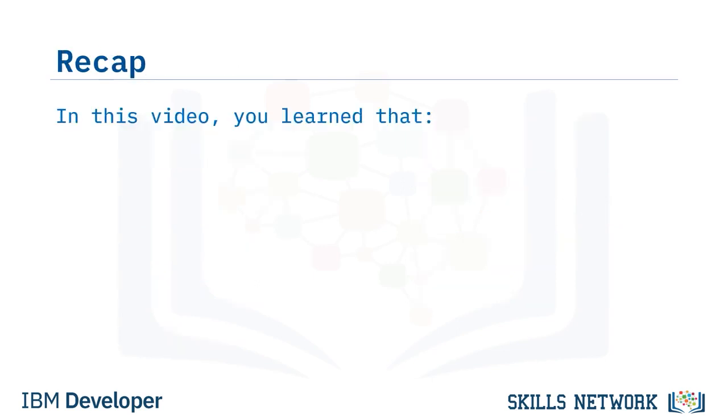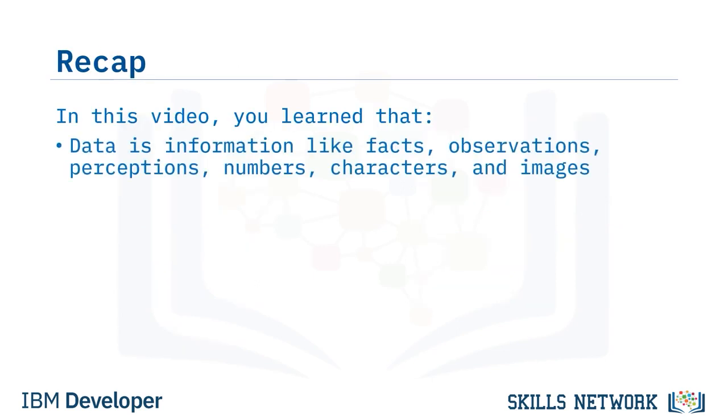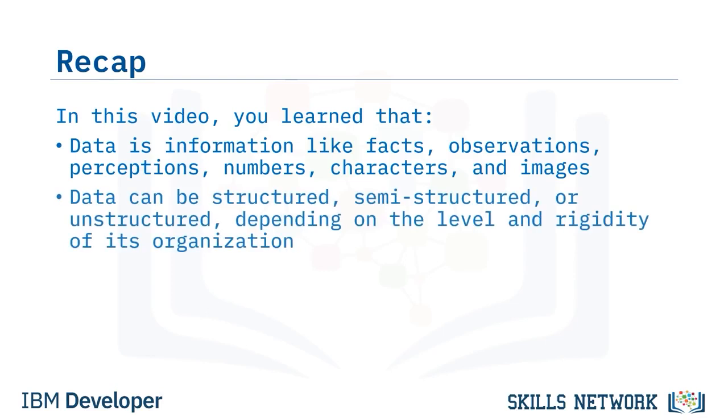In this video, you learned that data is information like facts, observations, perceptions, numbers, characters, and images that are processed to become meaningful. For example, upper and lower case letters, numerals, and special characters. Data can be structured, semi-structured, or unstructured depending on the level and rigidity of its organization.